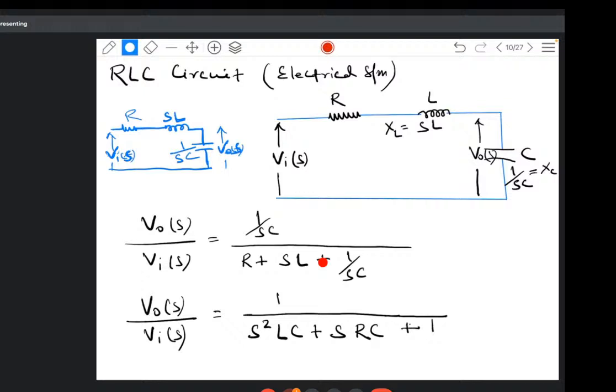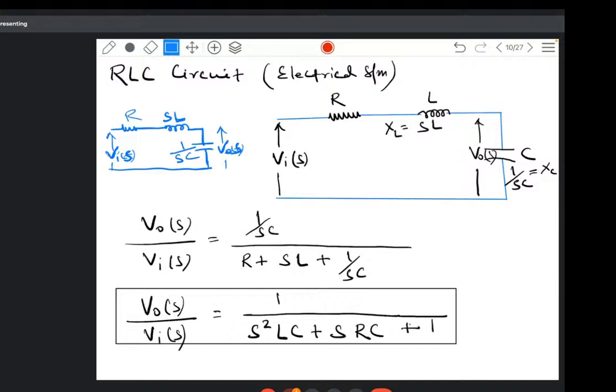Now, if you simplify this, I will get 1 by, this part will become S square LC, this part will become SRC, this will become 1. Now, I have got my second order transfer function for the given electrical system, but I cannot compare it directly with the standard second order transfer function.